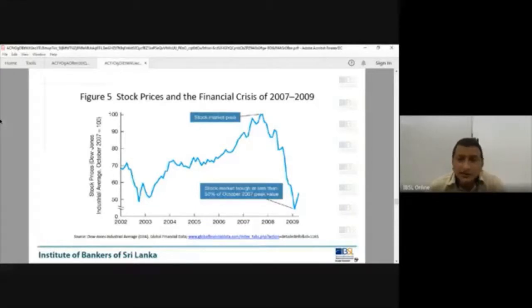The prices were on a continuously increasing trajectory, but from the latter part of 2007 to 2009, prices fell to almost 40 levels. So it has basically lost half of its value.